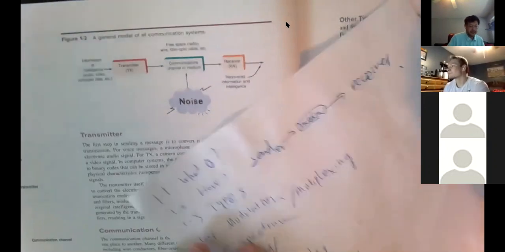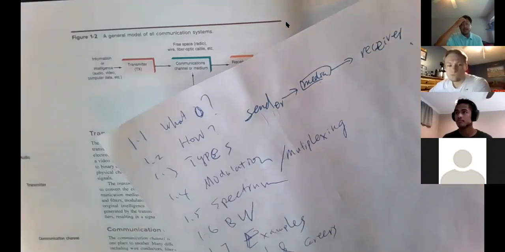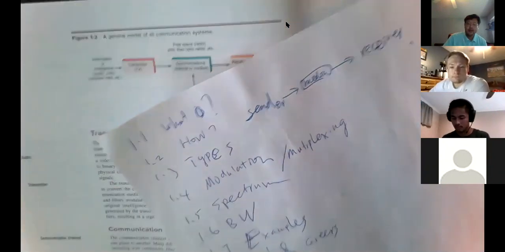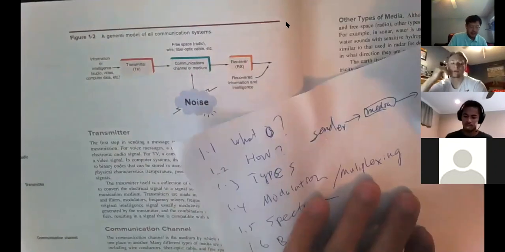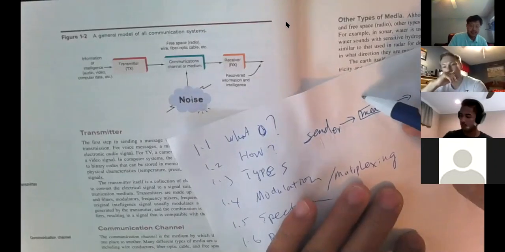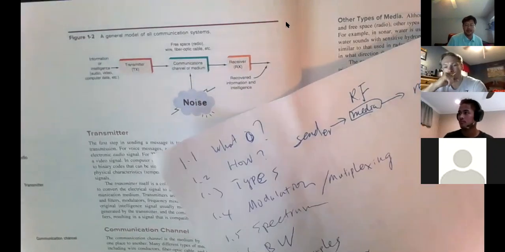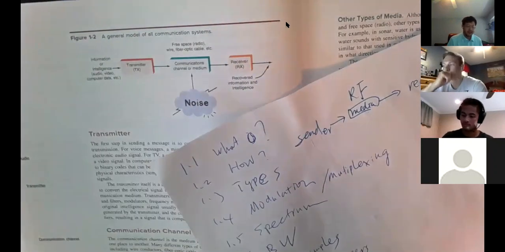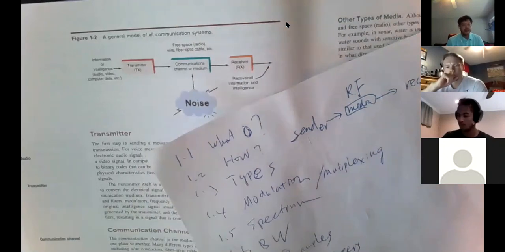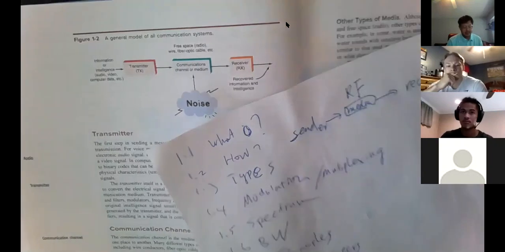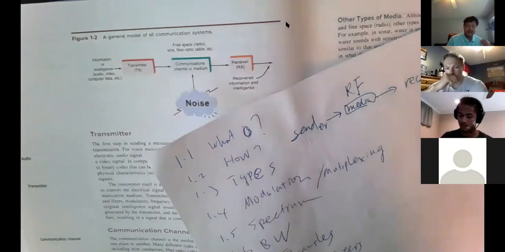That's the system: sender, media, receiver. More accurately, we only study one media, that is RF media. So we're talking about wireless communication. In this class, we're not talking about fibers. We talk a little bit, but mostly we are studying radio frequency communication.